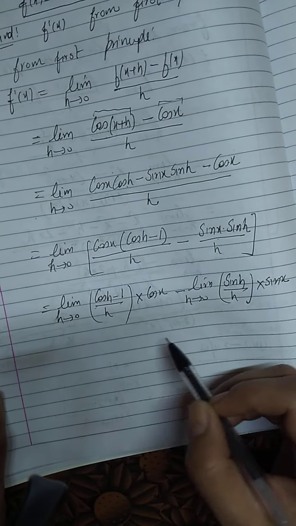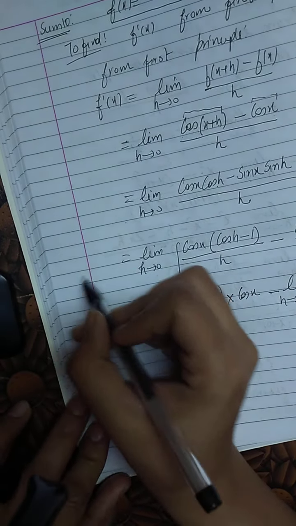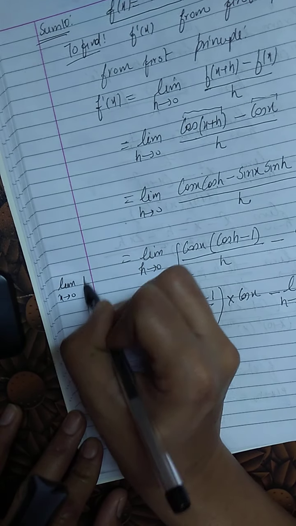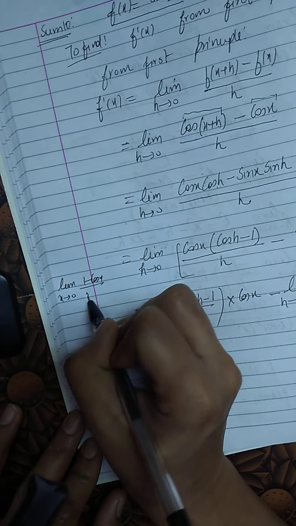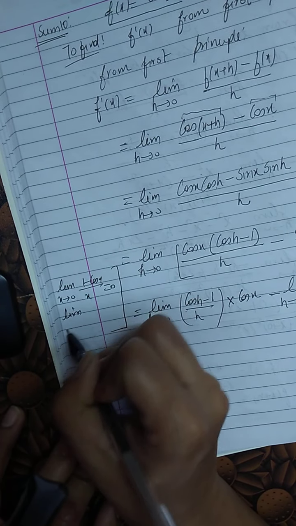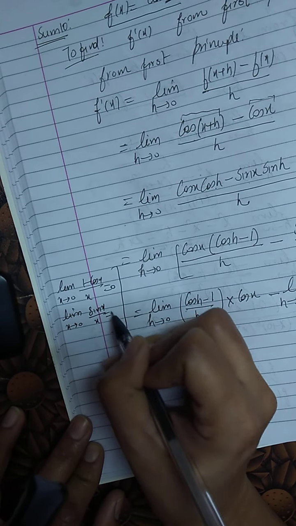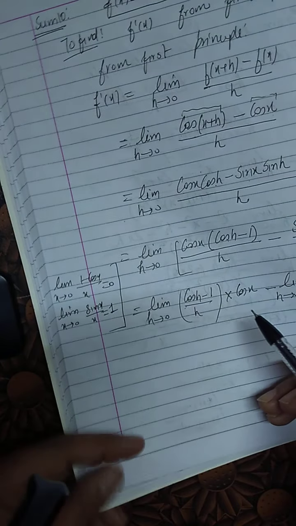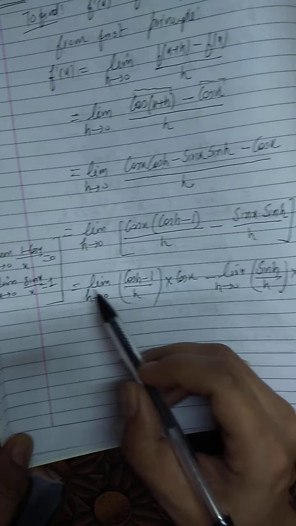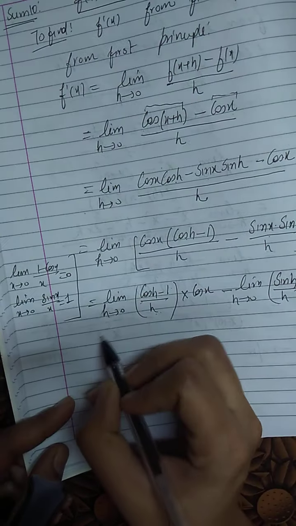Now we know our formulas. What are the formulas we have here? I am just writing the results here: limit x approaches to 0 of (1 minus cos x) upon x is 0, and the other formula is limit x approaches to 0 of sin x upon x is 1. So here if you notice, the first term, (cos h minus 1) upon h, is exactly the same as (1 minus cos x) upon x, where x approaches to 0, h approaches to 0.